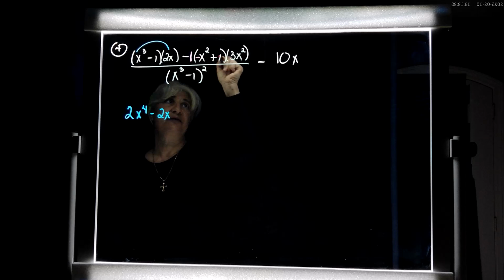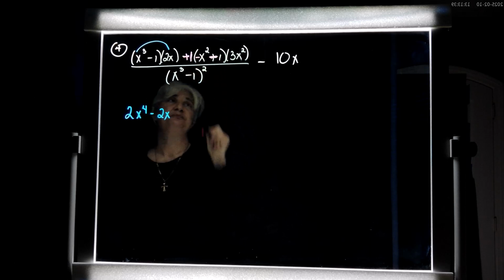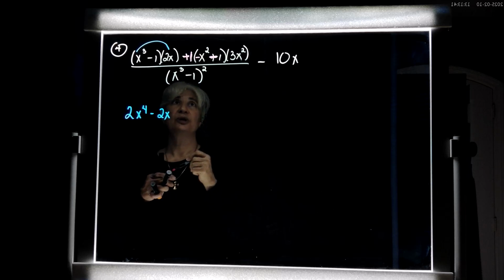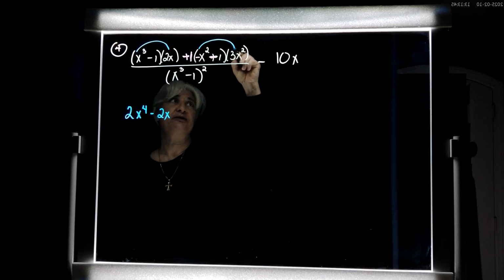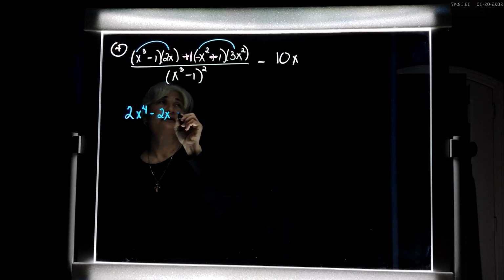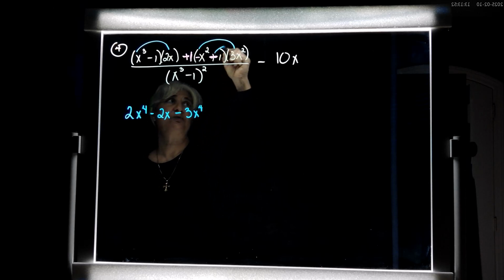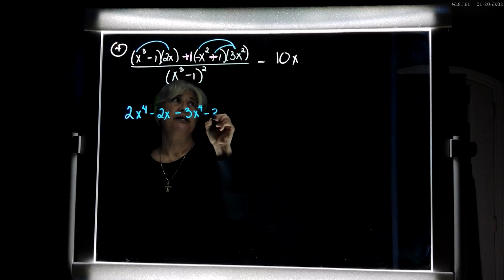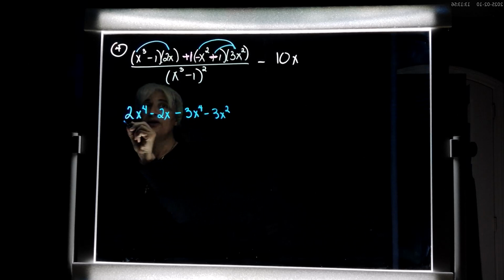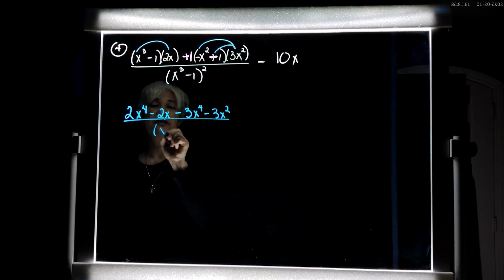So this will be a negative x squared and a minus 1, right? So you are distributing a negative x squared to a positive 3x. So that'll be a negative 3x to the power of 4. And then you're taking the minus 1 and distributing minus 3x squared all over this lovely denominator.